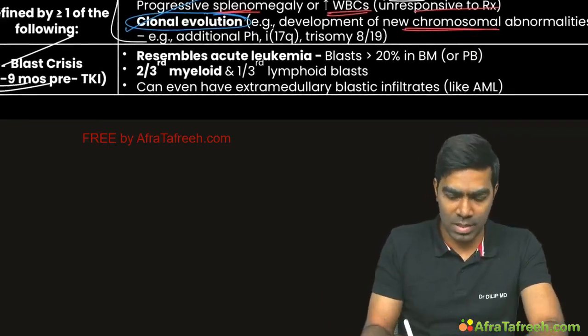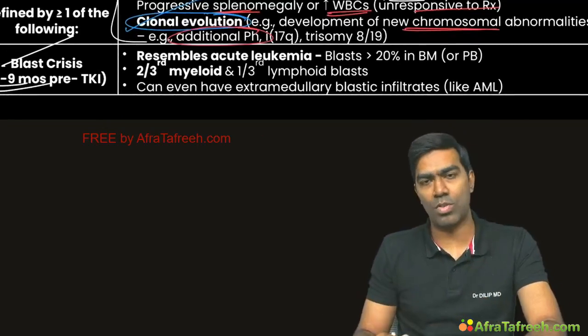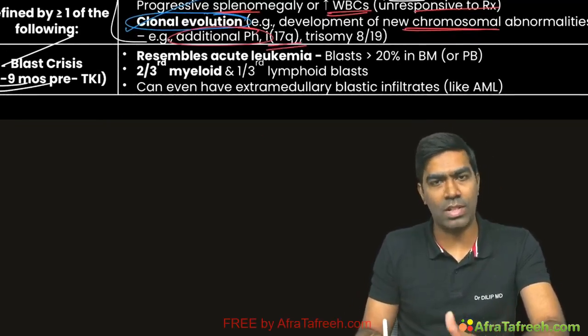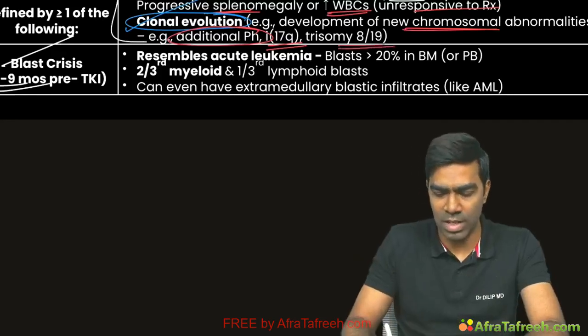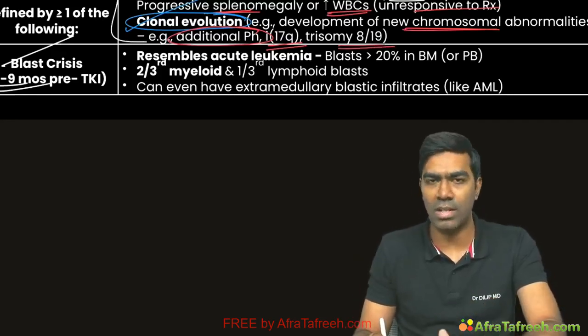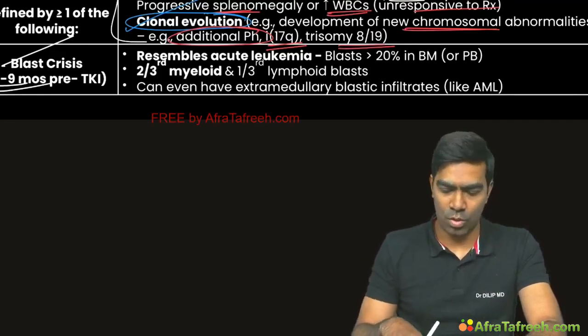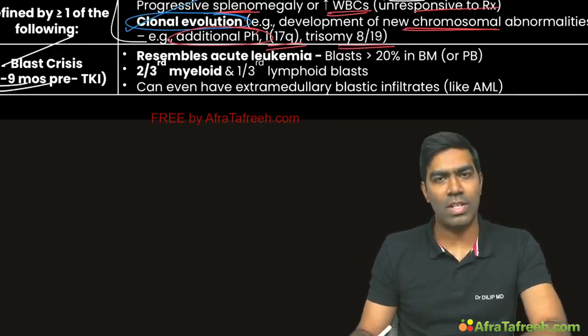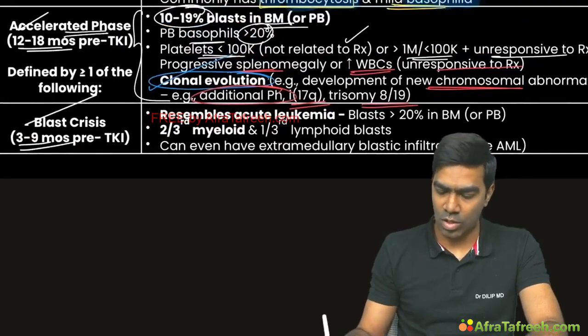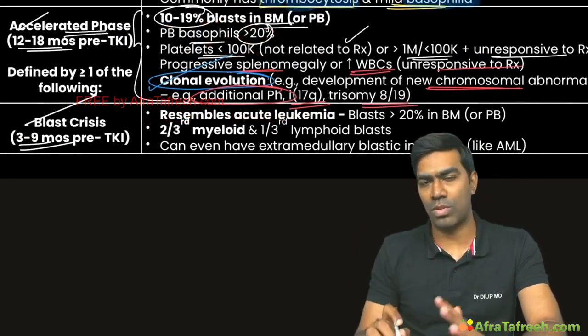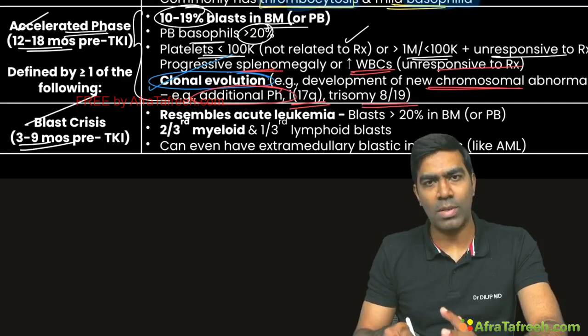For example, patients can develop additional Philadelphia chromosomes in the same cell, patients can develop isochromosome 17q, which is an MDS-like change, or patients can develop trisomy 8 or trisomy 19. All this can occur as part of clonal evolution. So the most important things to note as far as exams are concerned are the percentage of blasts, severe basophilia, thrombocytopenia or extreme thrombocytosis, worsening splenomegaly and clonal evolution.